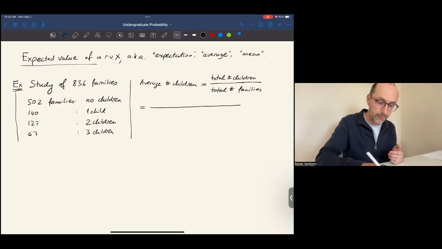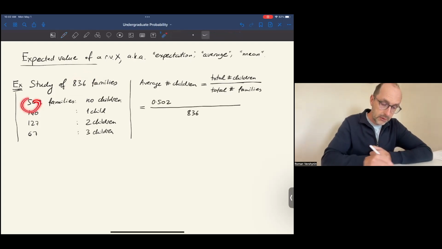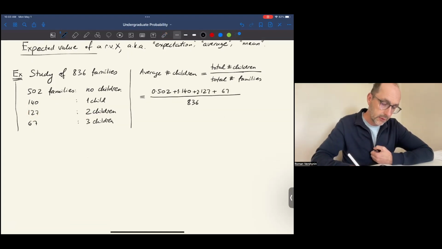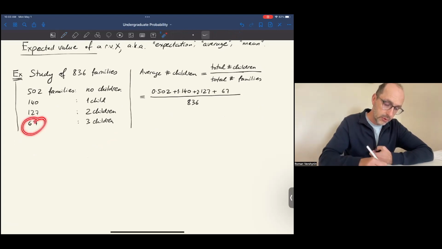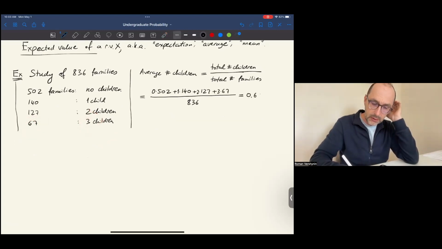The total number of families is 836, and to compute the total number of children, there are 502 families with no children, 140 families contribute 1 child, 127 families contribute 2 children each, and 67 families contribute 3 children each. And when we compute the ratio, it happens to be 0.69.